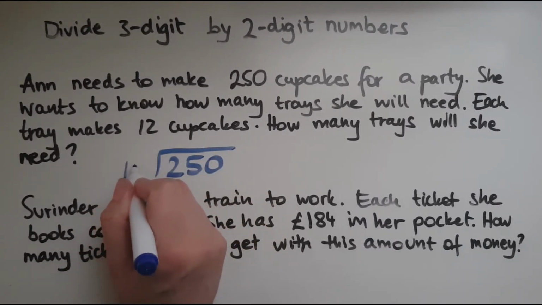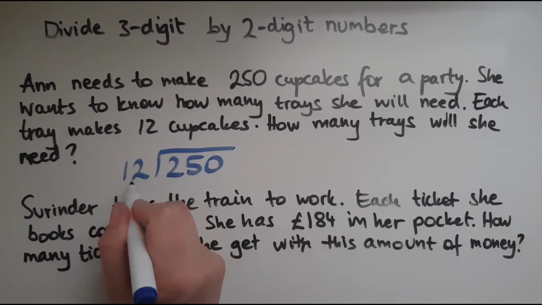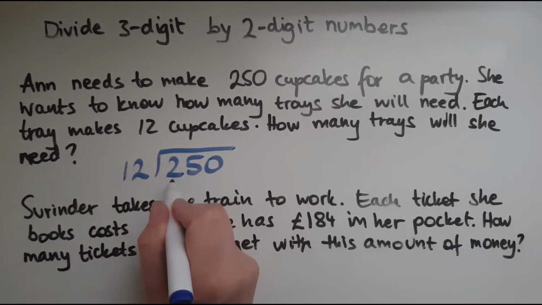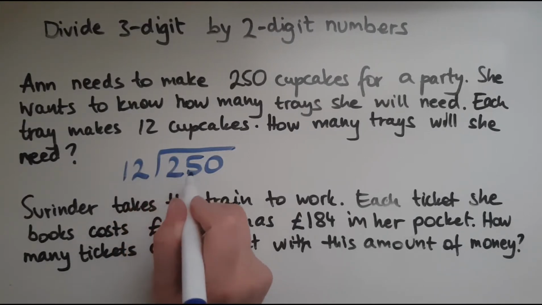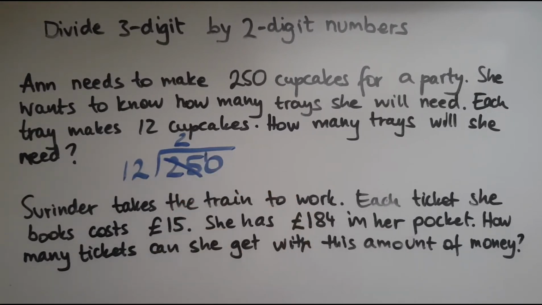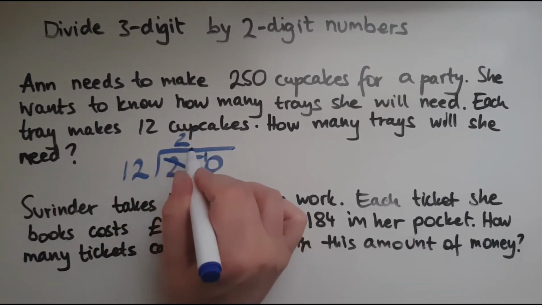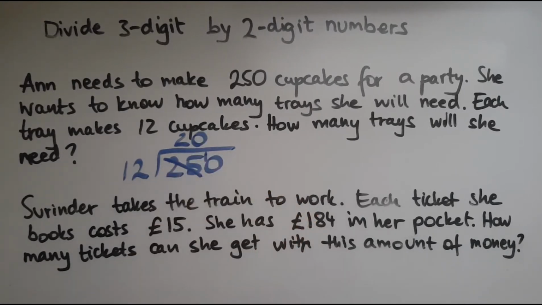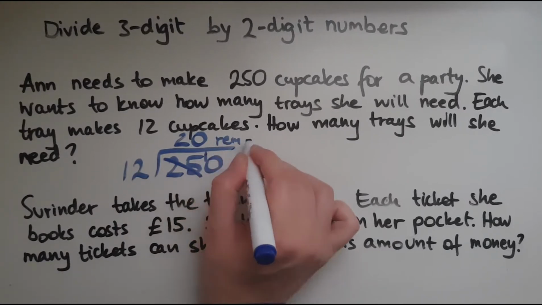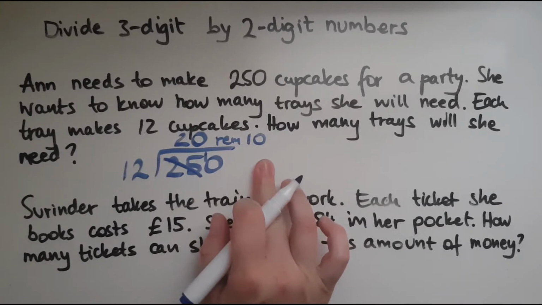So we'll divide 250 by 12. So we'll find out how many 12s fit into 25. And 12 and 12 makes 24, so it's 2 of them. There is 1 remaining. So 12 into 10, they don't fit, so we'll write 0. So we've got 20 remaining 10, so 10 cupcakes remain.